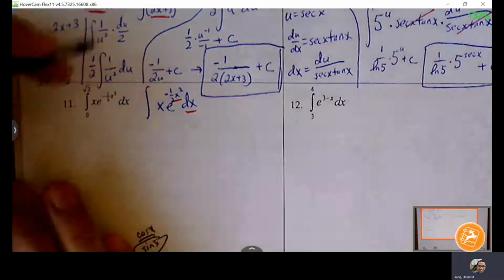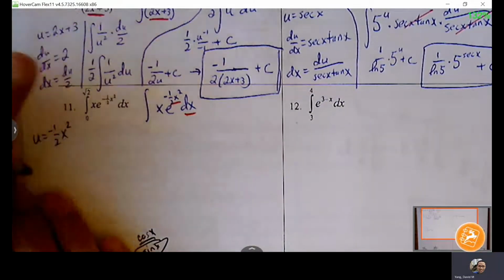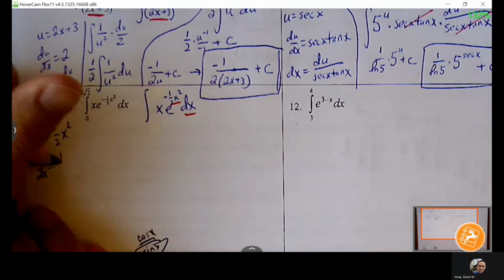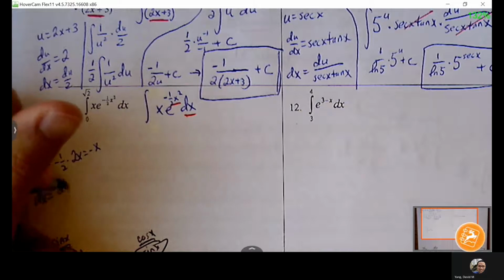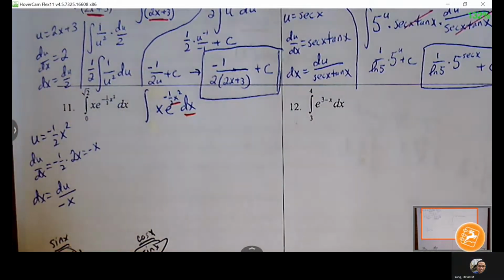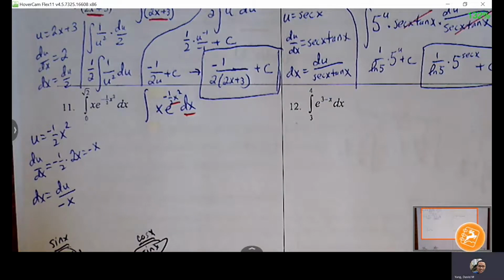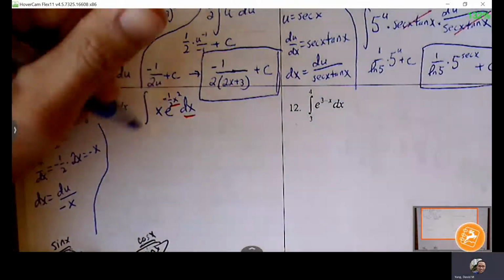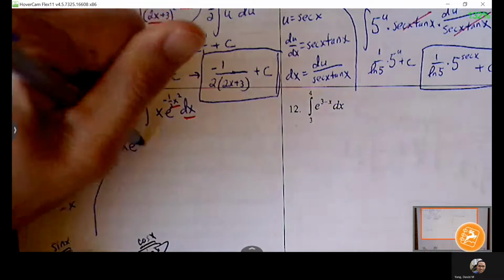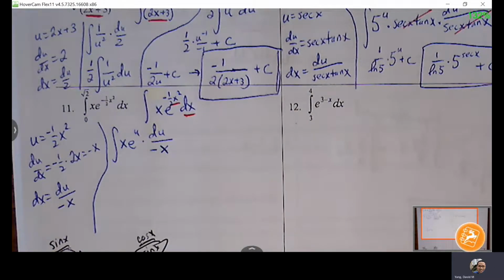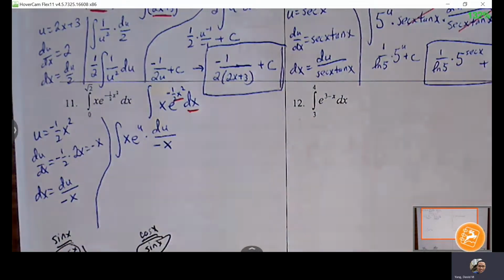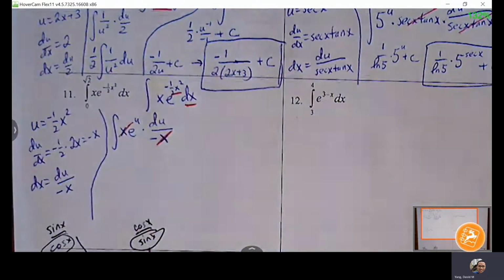Okay, we'll target the exponent as our U value. The x's go away, but careful, there's a -1 that's still remaining.